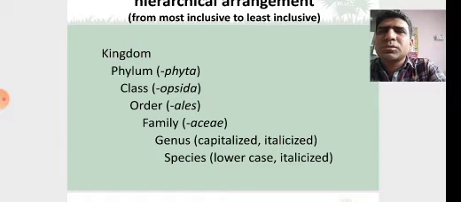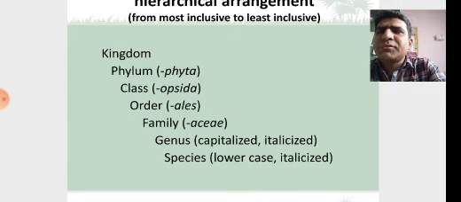There are many orders you can consider when writing the name of the order with the suffix -ales. There is also a rule for writing the family name of a plant: the family name ends with -aceae, that is the suffix.